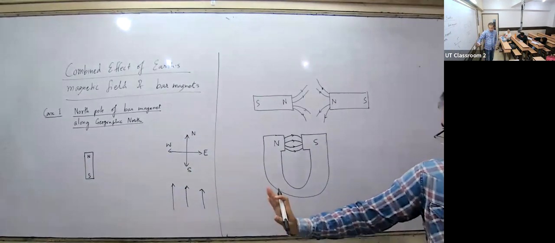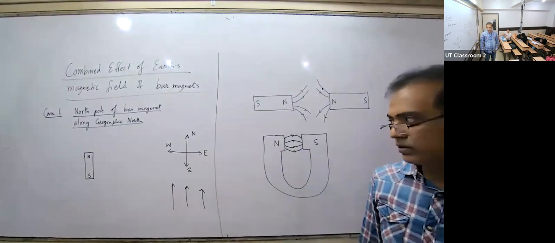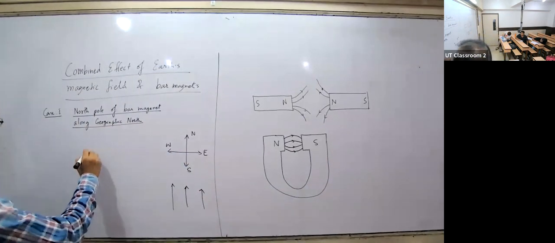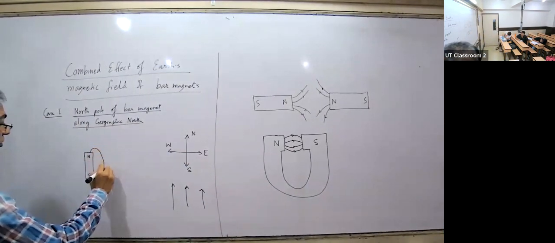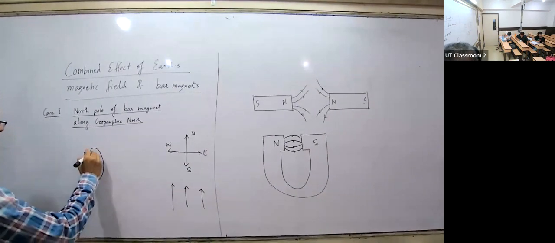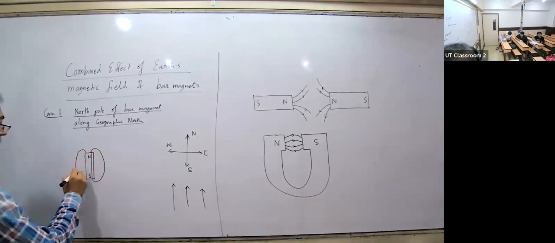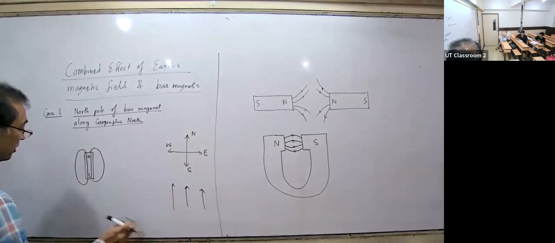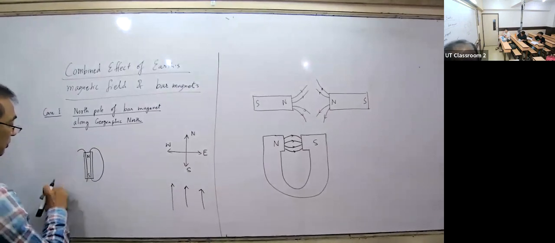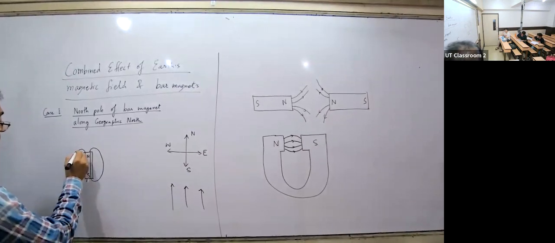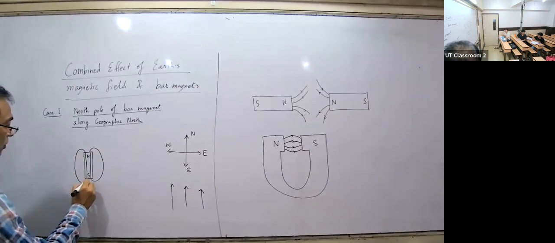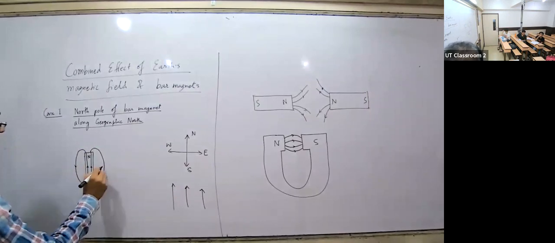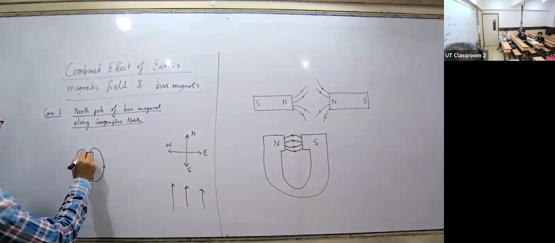How is the bar magnet? Like this, right? So how will its magnetic field be? Its magnetic field will be symmetrical. It should not be the mirror image of left and right. Okay. So south to north like this. Right. Here also.